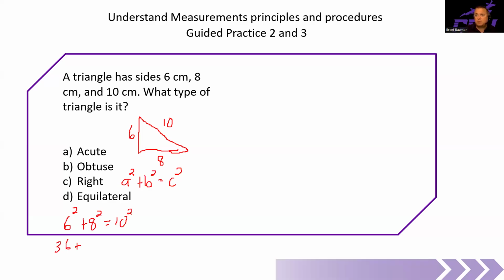So 36 plus 64 equals 100, and that's a true statement. So we can say that this is a right triangle. Again, refresh on the different types of triangles, their properties with their angles and sides, so you're ready to classify different triangles.